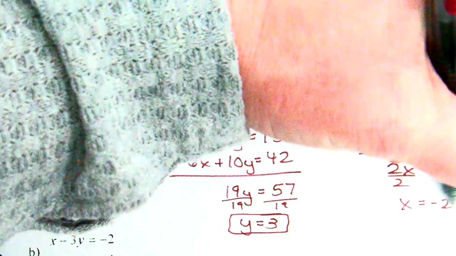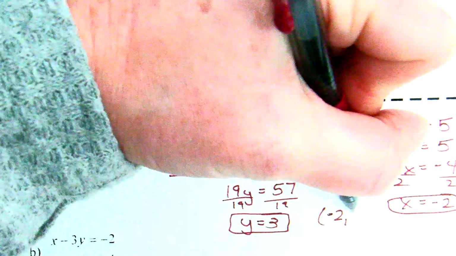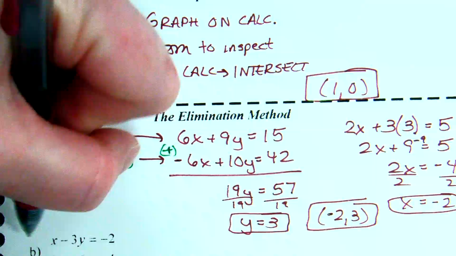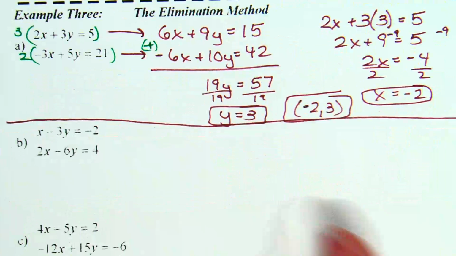My bottom equation was already 2x minus 6y equals +4. Oh, and I wrote 3, didn't I? Thank you. Okay, so -2x plus 6y equals 4. 2x minus 6y equals 4. My apologies.